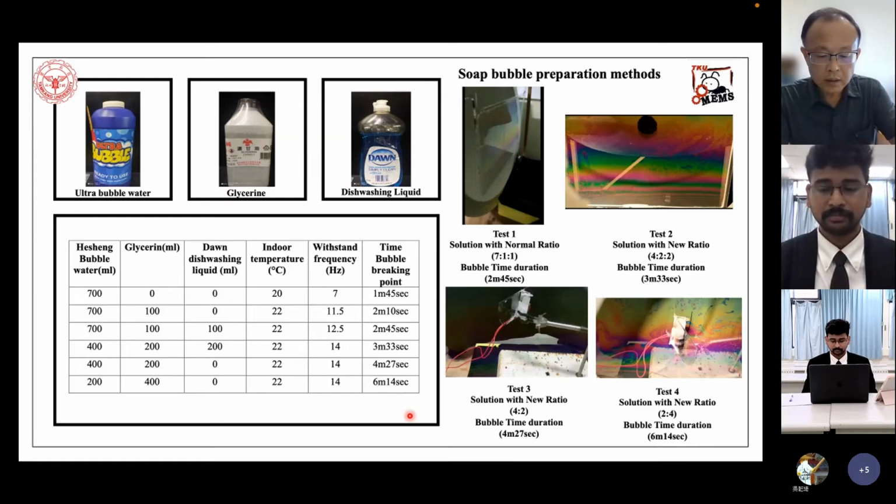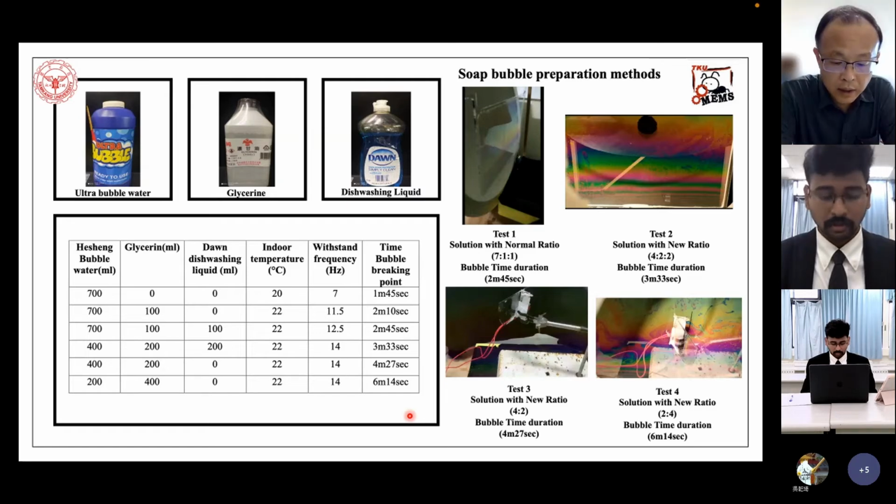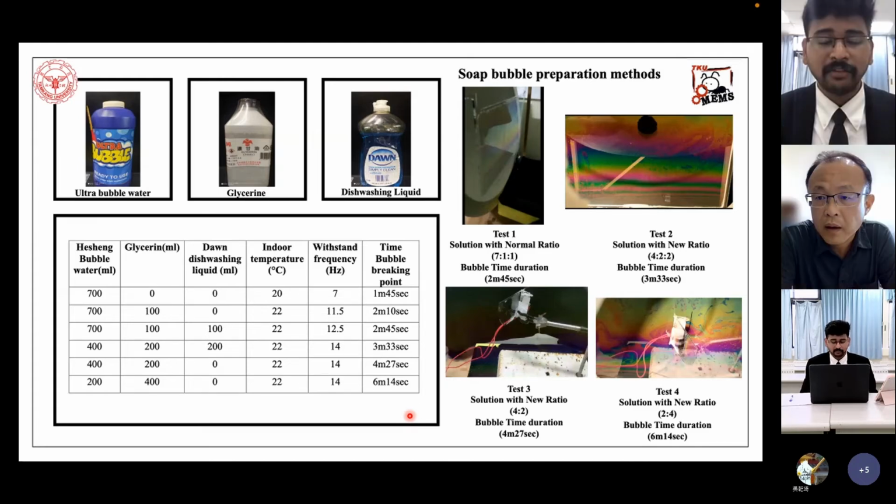Another question. Because I'm not an expert in the field of aerodynamics, I'm not sure whether gram force is a common unit in aerodynamics. It's not a common unit, Professor, but we can convert the grams.